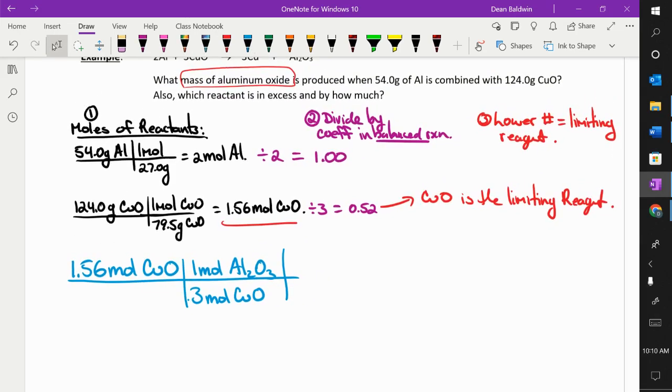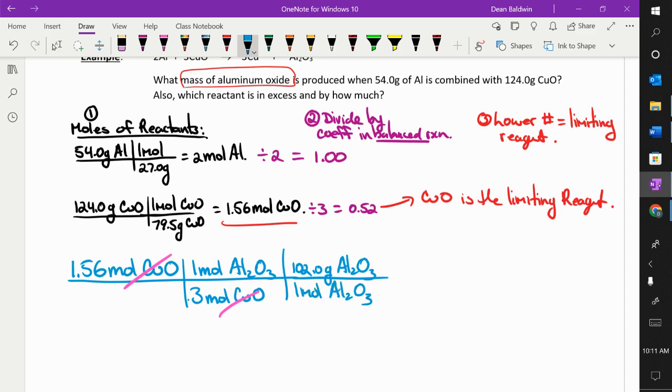So now I have moles of aluminum oxide, because those units cancel, but they want to know the mass. So that means I have to have the molar mass of aluminum oxide. So there's 102.0 grams in 1 mole.